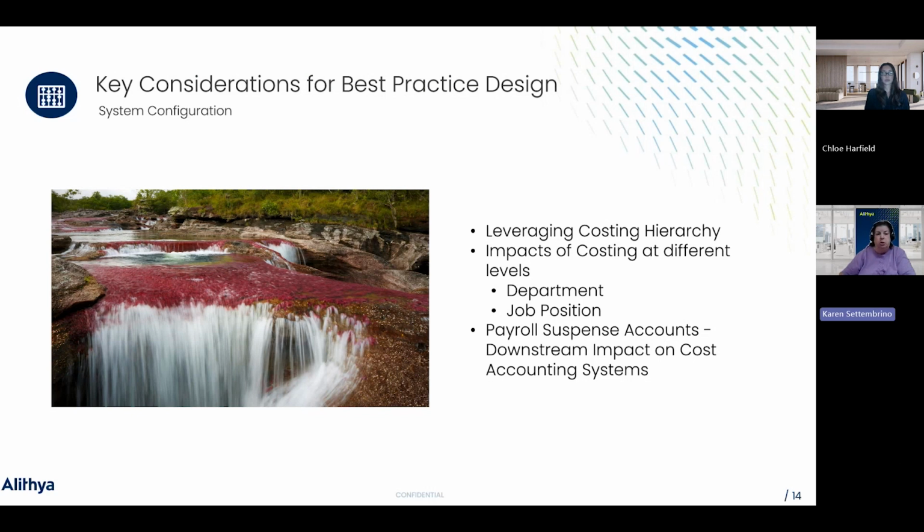So for every single earning, you're going to have a debit and a credit. For every single deduction, you're going to have a debit and a credit. And how the system generates that account based upon the number of segments in your chart of accounts and your cost allocation key flex field is based upon where this information lies in the hierarchy.